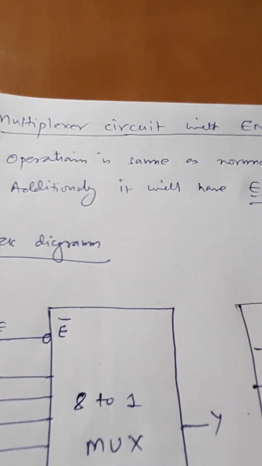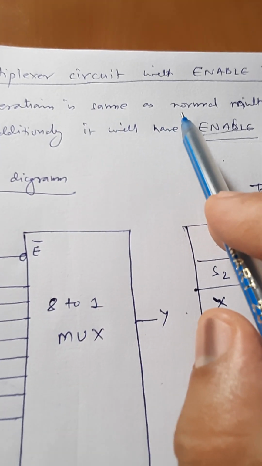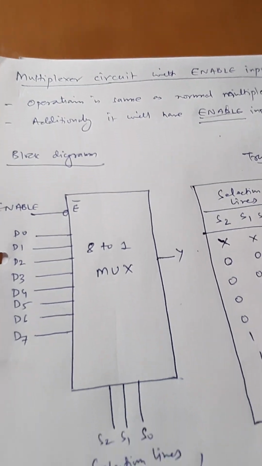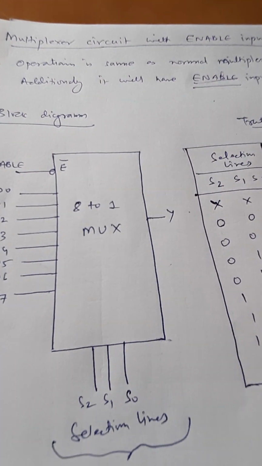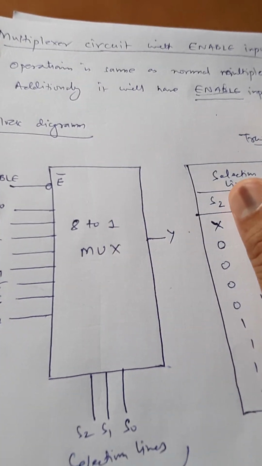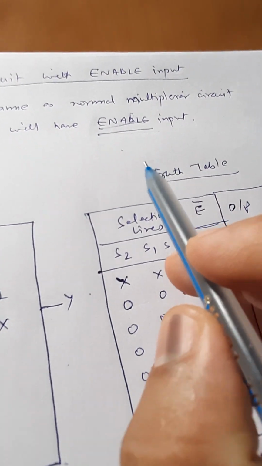Otherwise its operation is the same as a normal multiplexer circuit. It is going to have 2 raised to n inputs, n selection lines and one output line. So that is going to remain the same. The only difference is that the circuit will have an enable input.